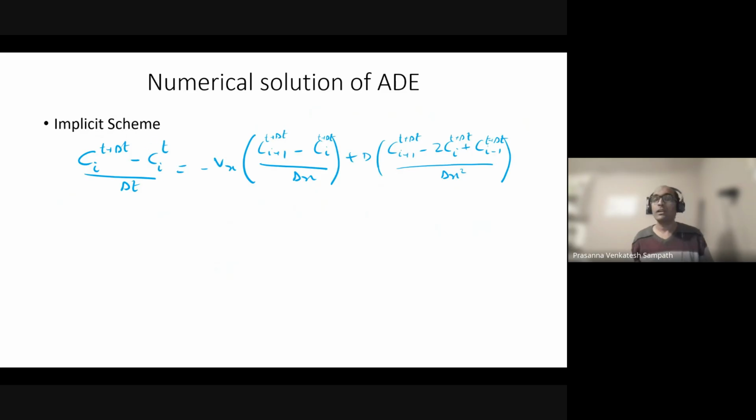All the other terms are unknown. Of course, Vx and d and delta x and delta t are known. Apart from that, all the other terms are unknown. So what do I do? Any thoughts?